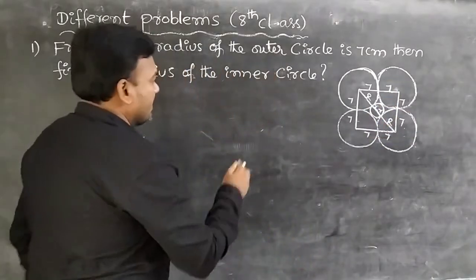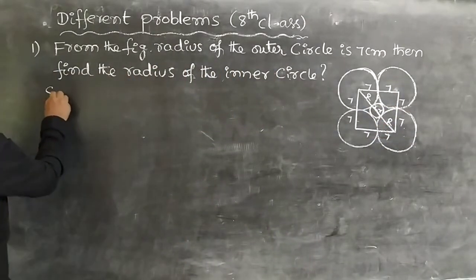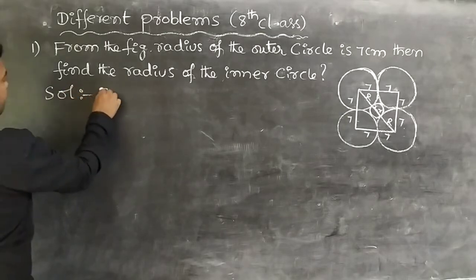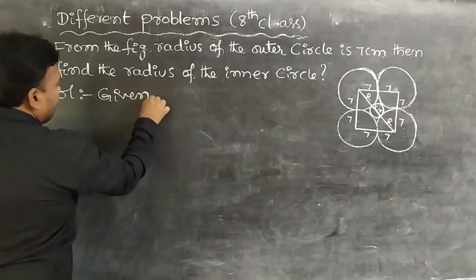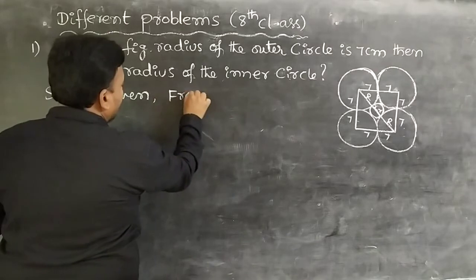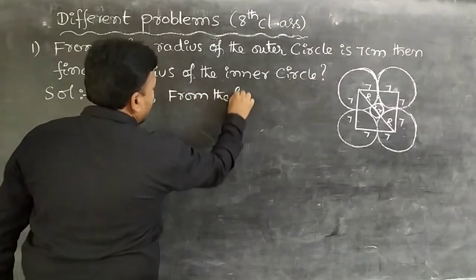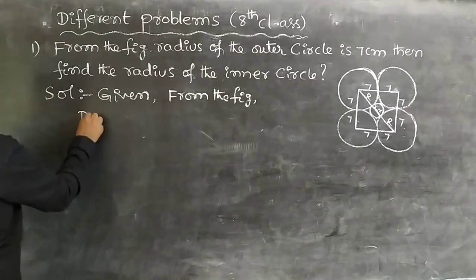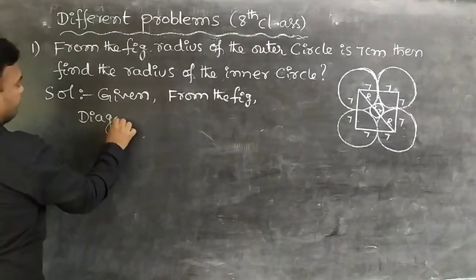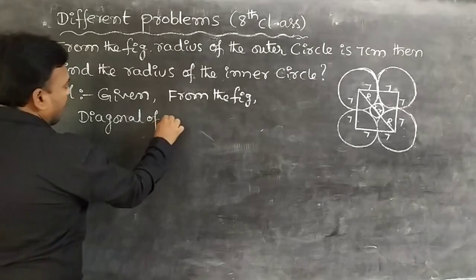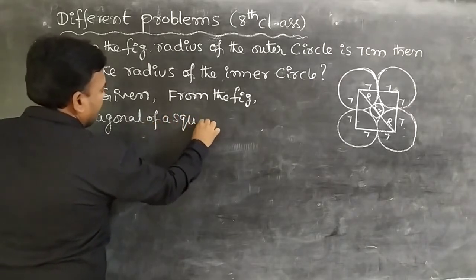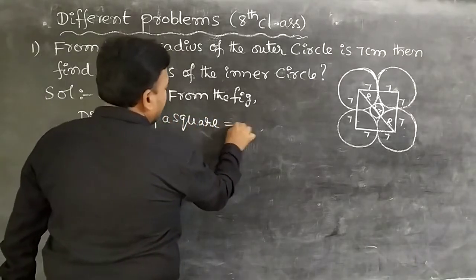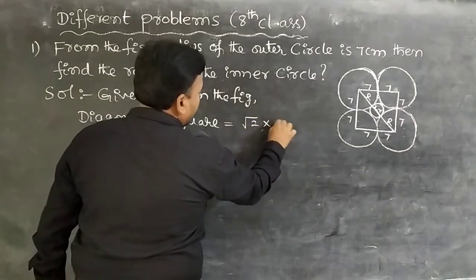While approaching the solution, observe carefully. Solution, given from the figure. The diagonal of a square equals, by the formula given, root 2 into side.